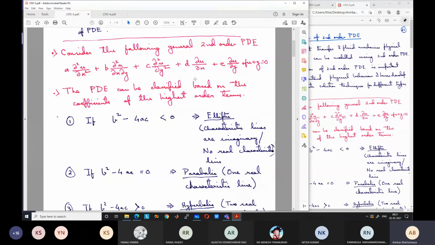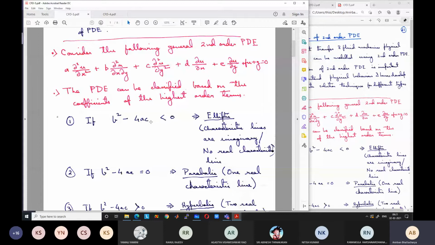If you write them in matrix form, you will have a coefficient matrix multiplied by the vector of the second order partial derivatives, which is equal to some term. If the coefficient matrix has a determinant of 0, in that case the solution does not exist, or there exist an infinite number of solutions. When you calculate that determinant, you get terms like b square minus 4ac.